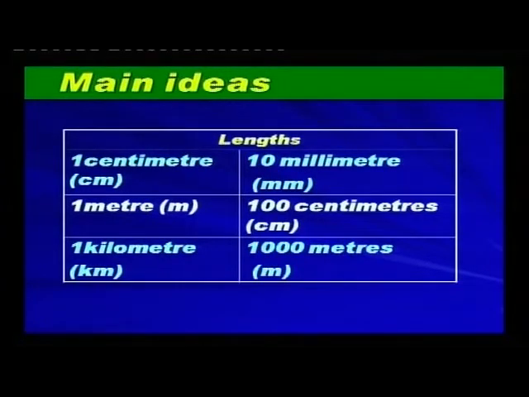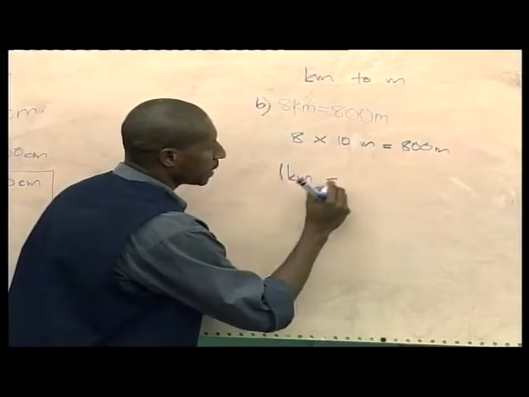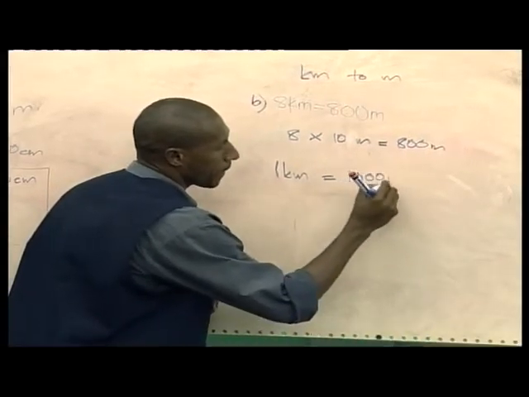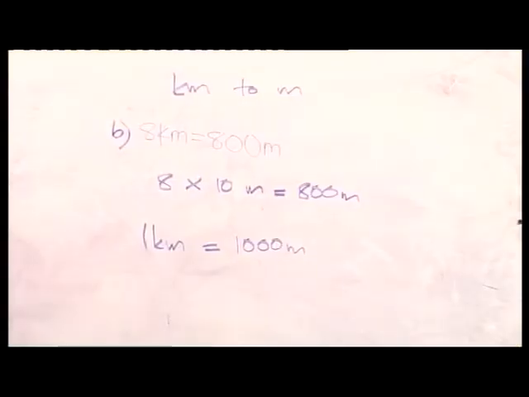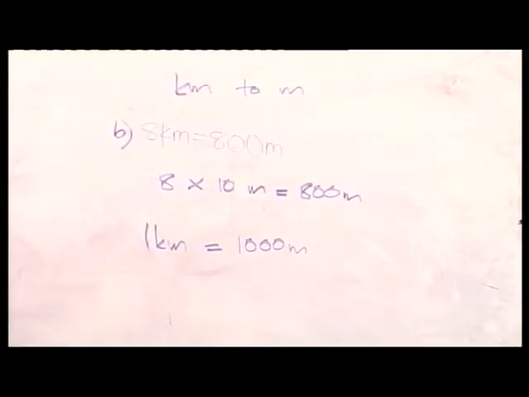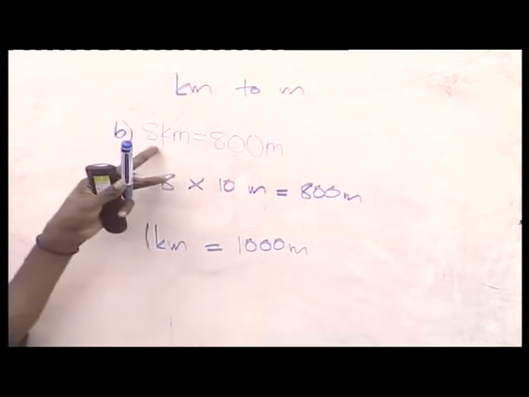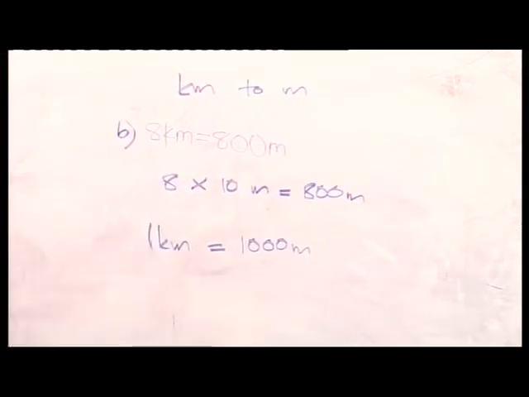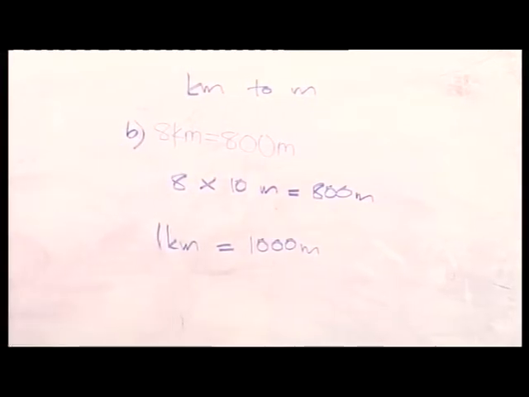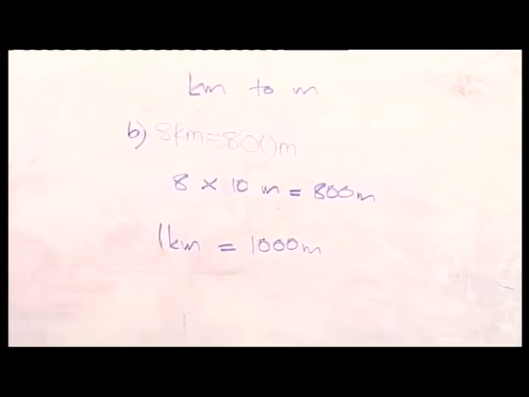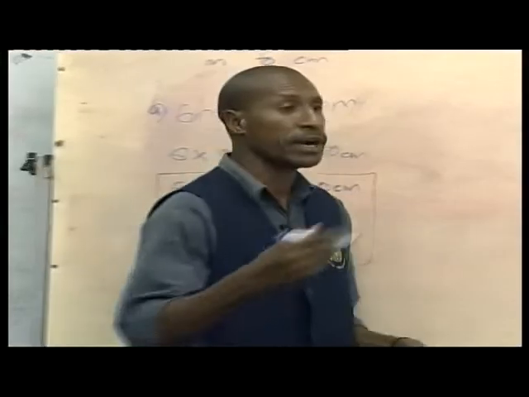So, if 1 kilometer is equals to 1,000 meters, then how many meters is it equal to 8 kilometers? 8,000. So our friend Lewis should multiply by what?